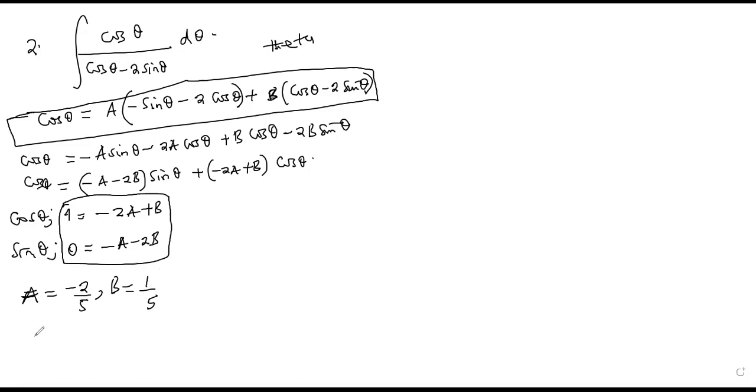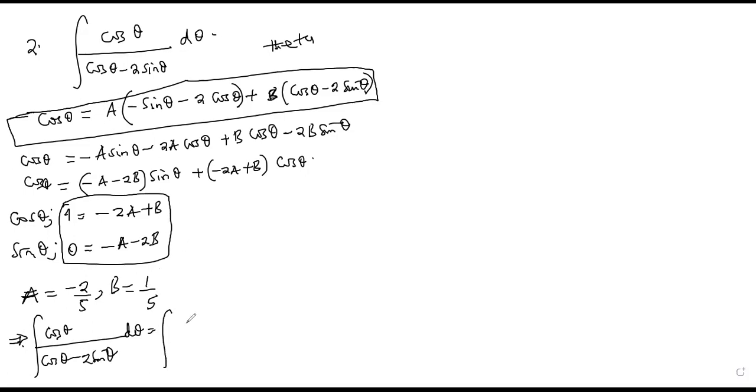Now it would imply that your integral of cos theta over cos theta minus 2 sine theta d theta is going to be equal to the integral.